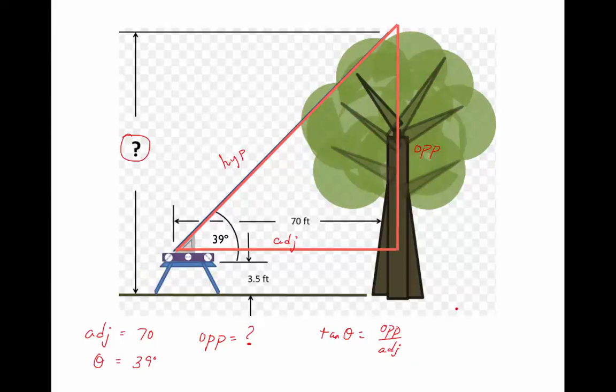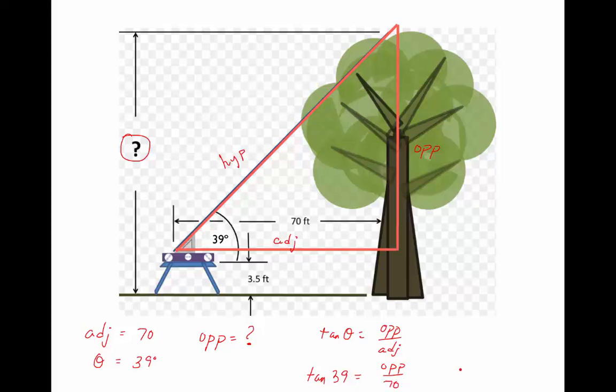Usually in real world triangle problems, degrees is used, okay? Because that's what we commonly measure in the field. This is how we measure angles. We use degrees most commonly. So set your calculator to degrees, and you're going to do the tangent of 39 equals opposite over 70.